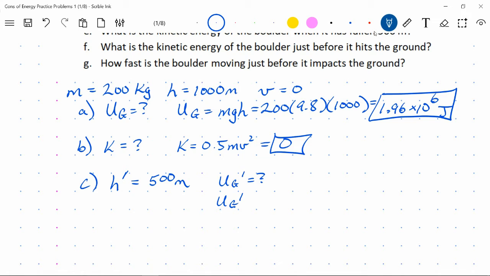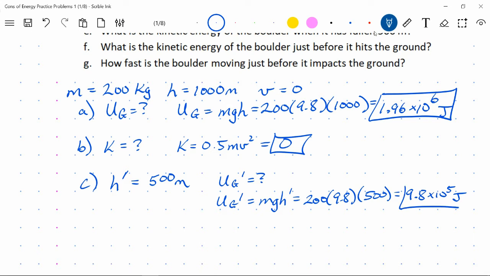The new gravitational potential energy is mgh prime, which is 200 times 9.8 times 500. Since the height is half what it used to be, it should make sense that the answer is now half of what it was. So 9.8 times 10 to the 5 joules. Half of what it was. That's it for part C.